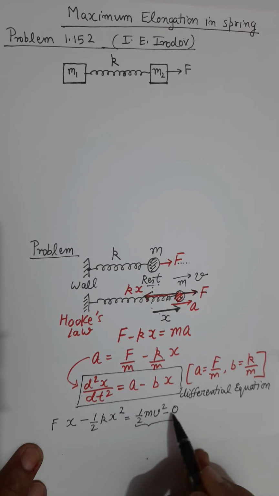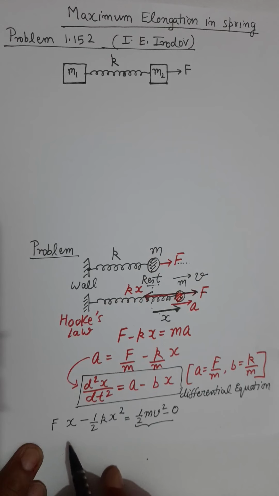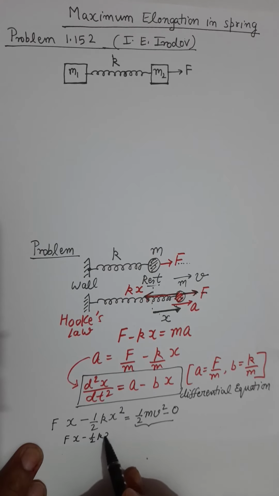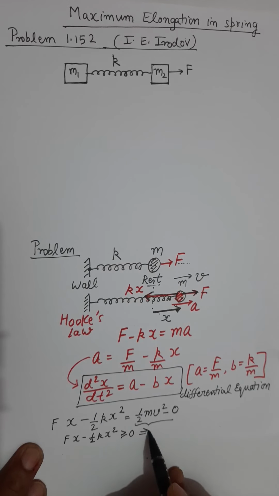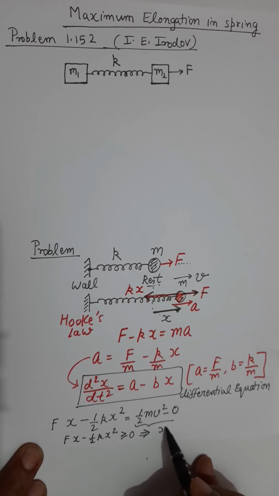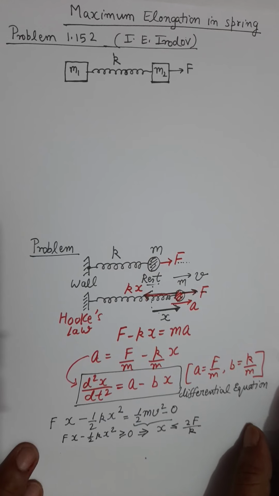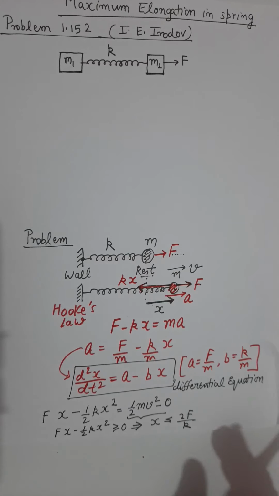Therefore you can simply write that fx minus half kx square has to be a positive value, and that directly gives you x less than or equal to 2f over k. X is less than or equal to 2f by k. That's a simple answer.